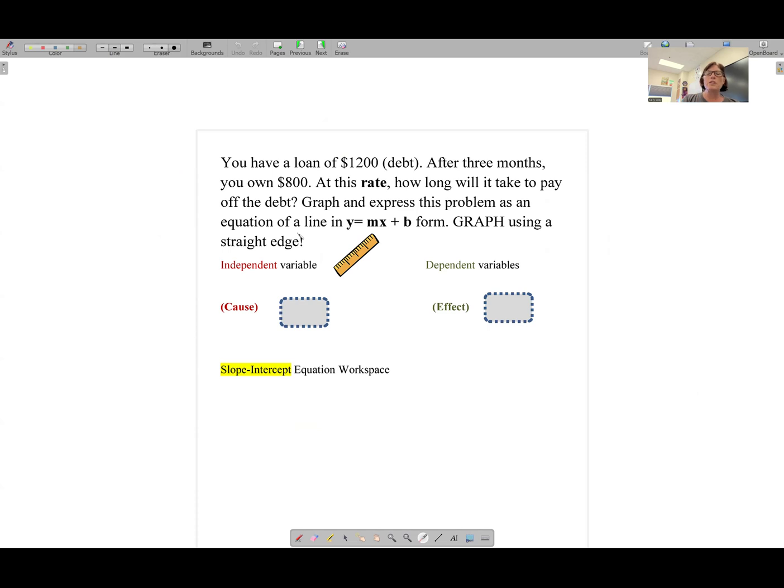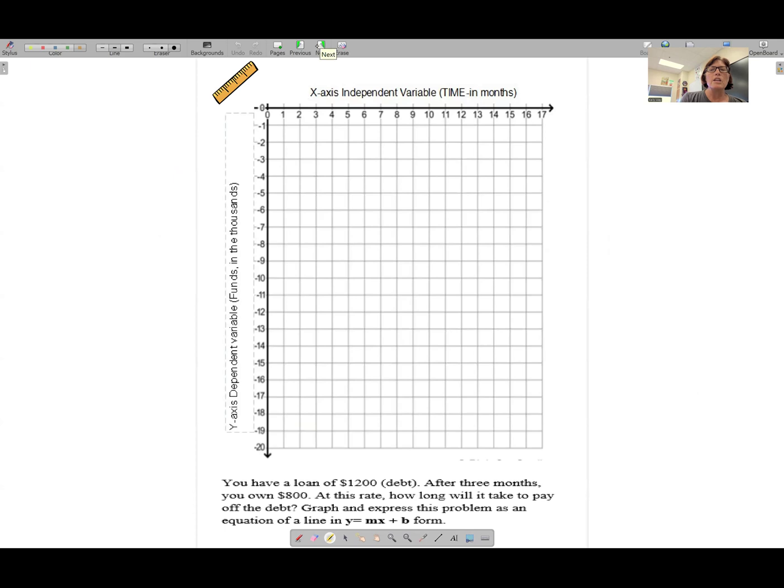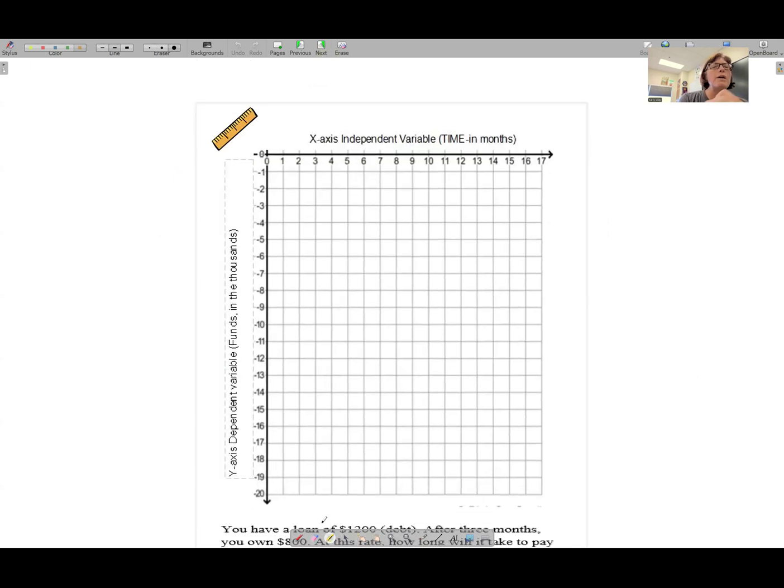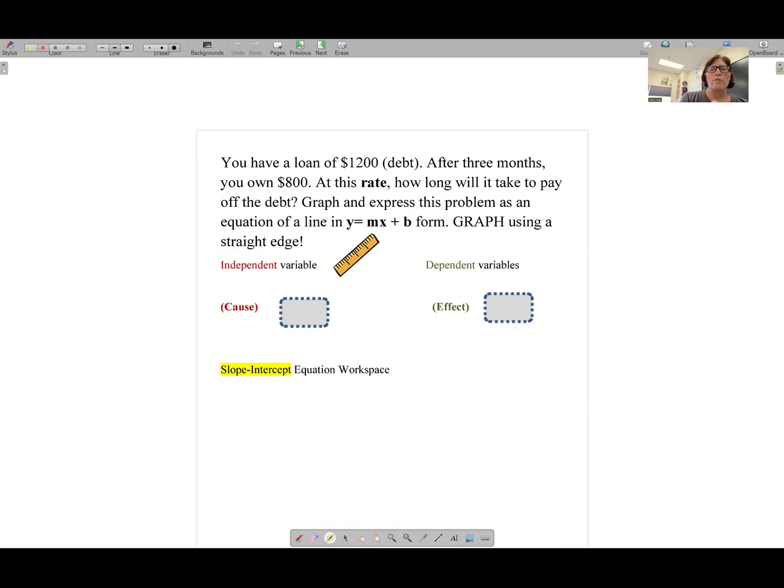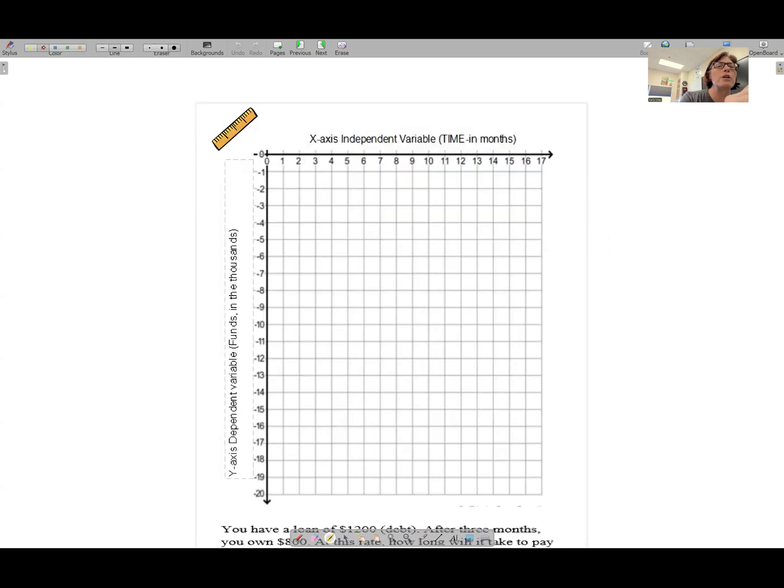Now, the first thing you need to understand in graphing is we arrange graphs with independent and dependent variables. Independent is the horizontal line. It's known as the cause.